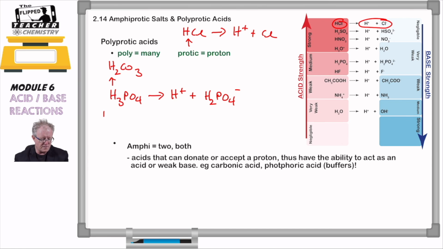Then the dihydrogen phosphate ion can lose an H+, and that's going to give you the hydrogen phosphate ion. And we don't really see the last step, where it releases that H+, very often.